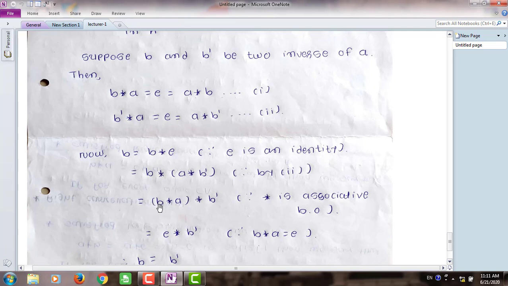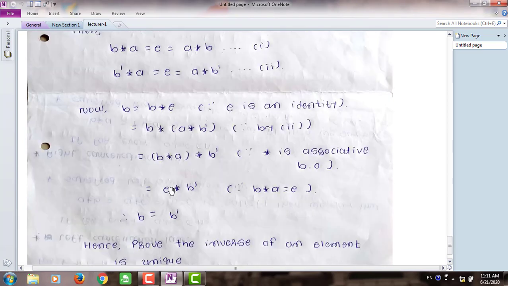Therefore, b star a star b dash, and b star a is equal to the identity from equation 1. Therefore, e star b dash. We know that e is an identity for binary operation star. Therefore, e star b dash is equal to b dash. So b is equal to b dash.